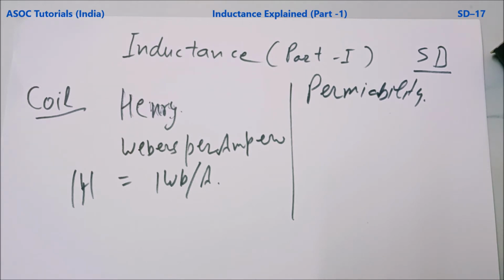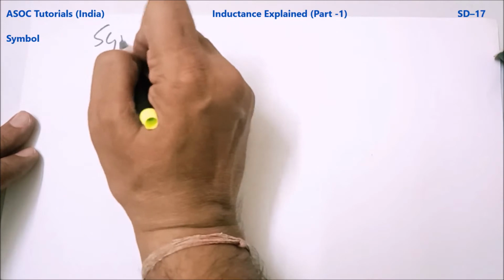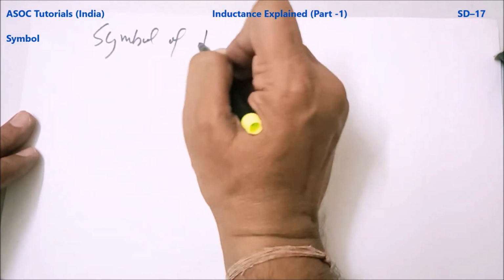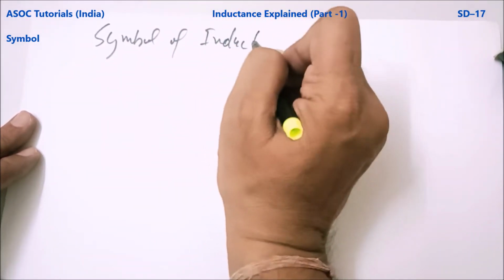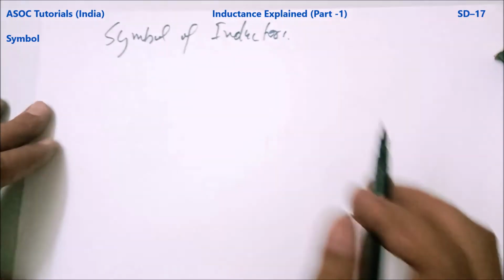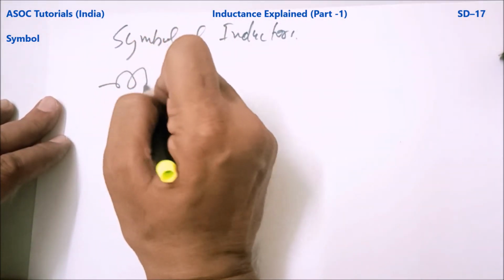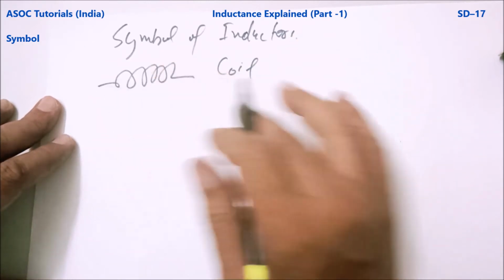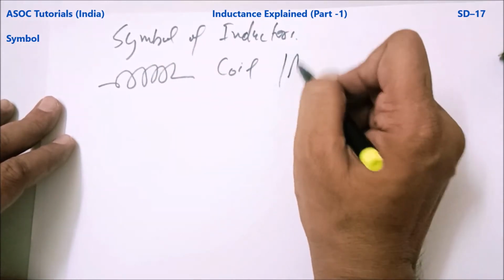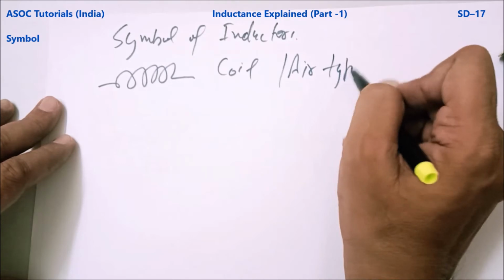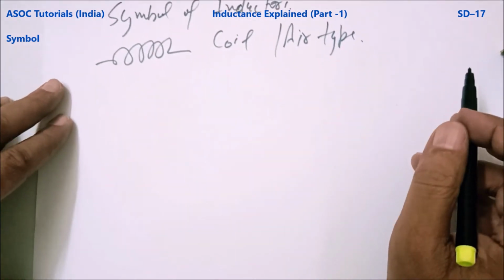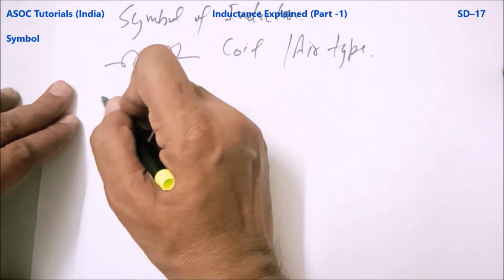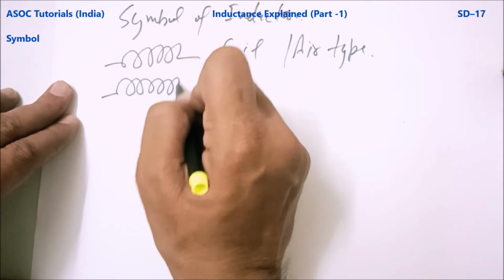At the same time, it is also important to see the symbols of inductors. As I told you, the first symbol is of a coil, and the same one is used for the air type inductor. Next is the iron core type.